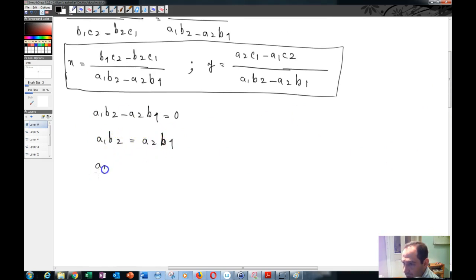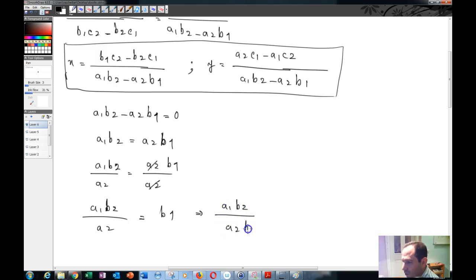For example, divide both sides by a2, so a1b2 over a2 is equal to b1, and then divide both sides by b2, and you'll get a1 over a2 is equal to b1 over b2. So what that means is that a1 by a2 is equal to b1 by b2.